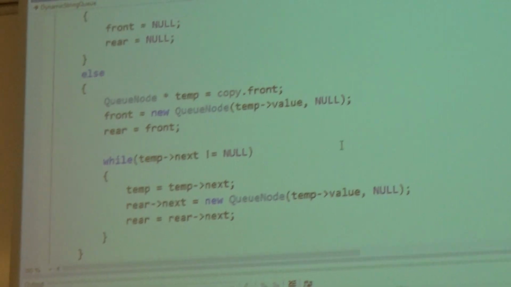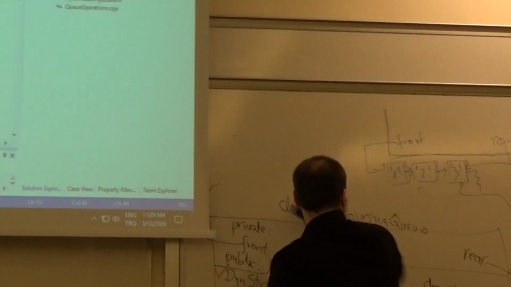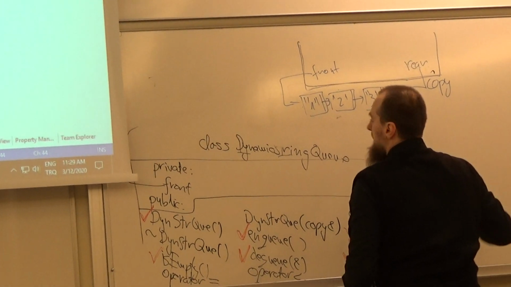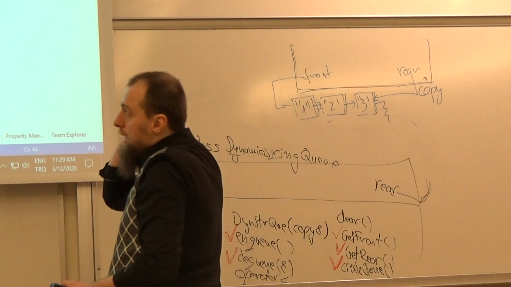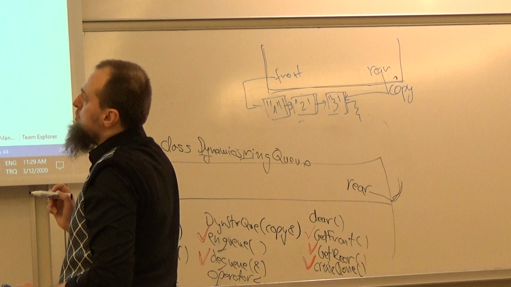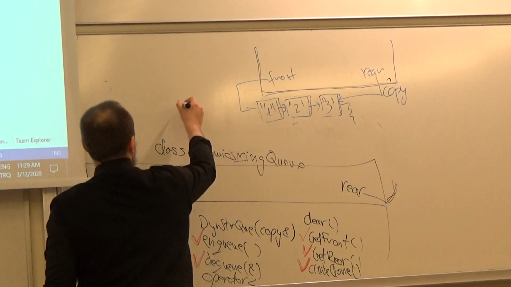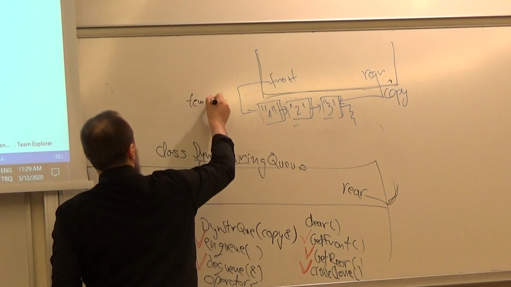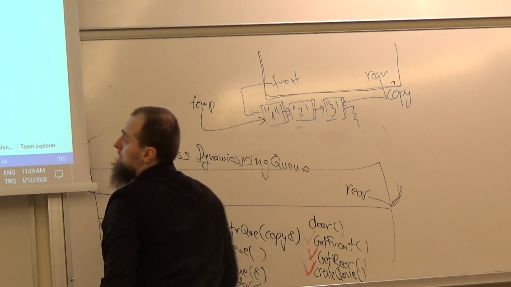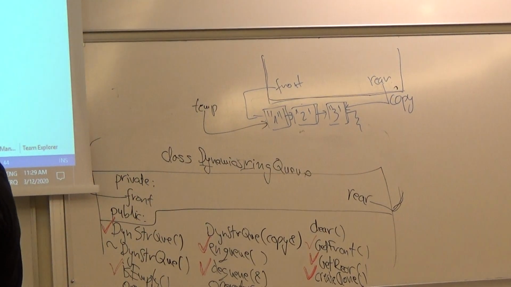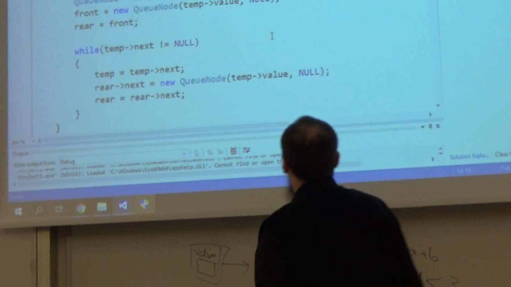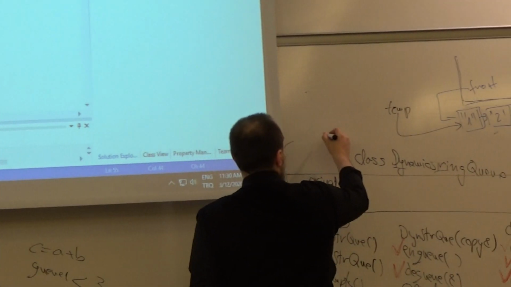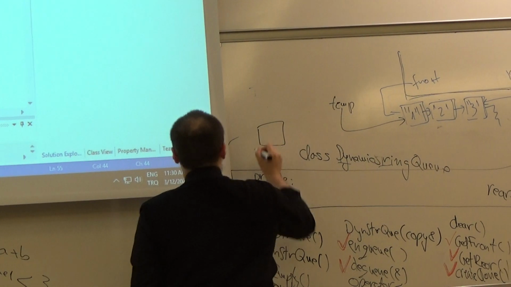So, how am I going to do that? I'll just say temp is equal to copy front. So temp, this is my temp pointer. It's pointing to copy front. Then I'm saying front is equal to new QueueNode with temp value. Basically, I'm going to create a new node.